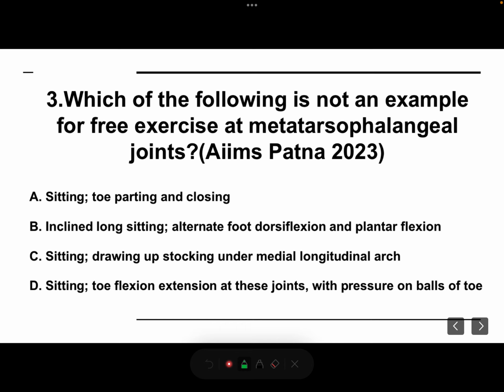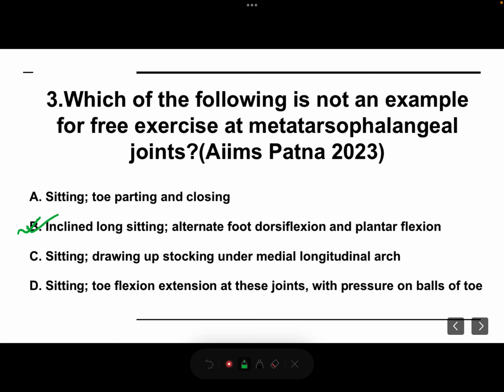Option C, sitting, drawing up, stroking under the medial longitudinal arch. Option D, in sitting, toe flexion extension at these joints, with pressure on the ball of the great toe. Here, the correct answer will be option B.